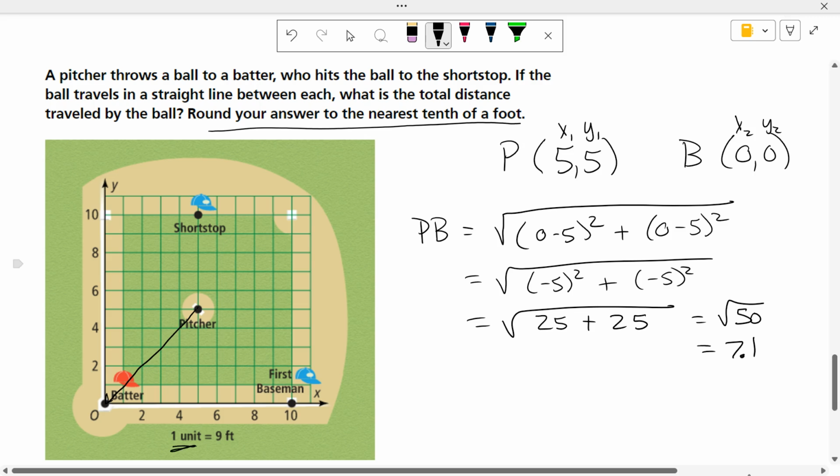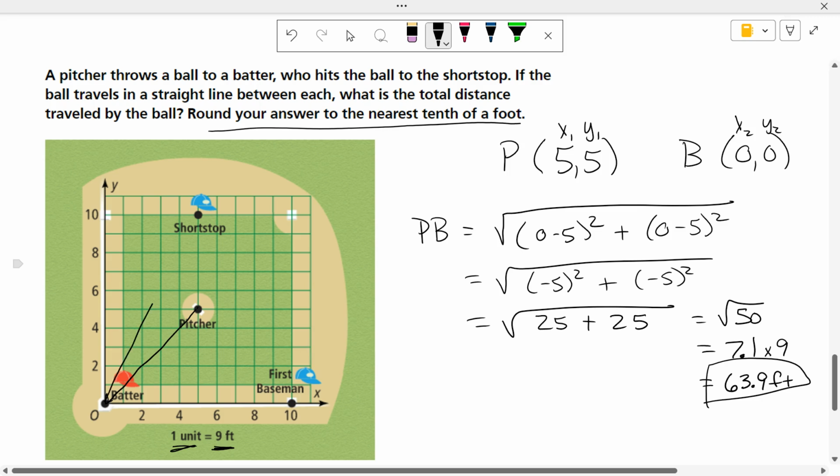So 1 unit equals 9 feet. So let's take 7.1 times 9 on your calculator. 7.1 times 9. So that's 63.9 feet. That's how far the baseball traveled from the pitcher to the batter.